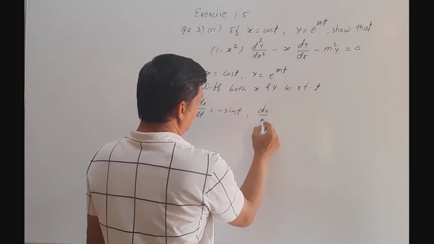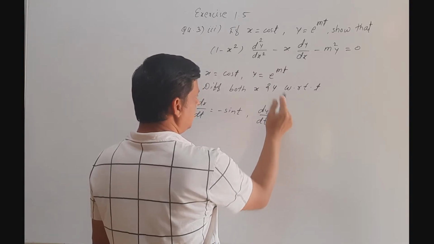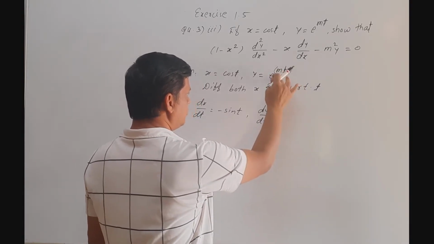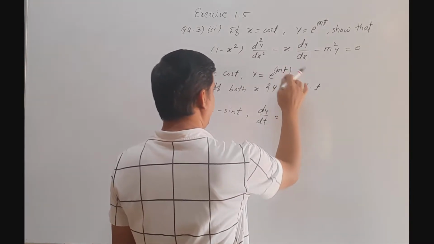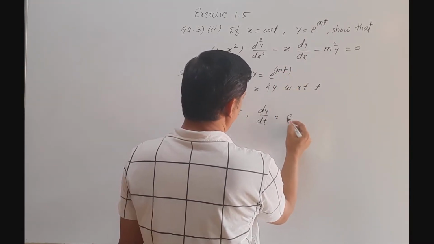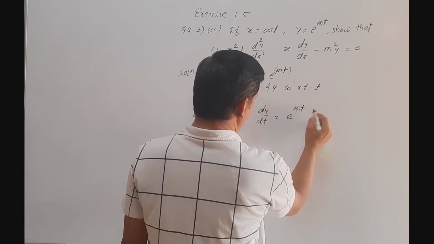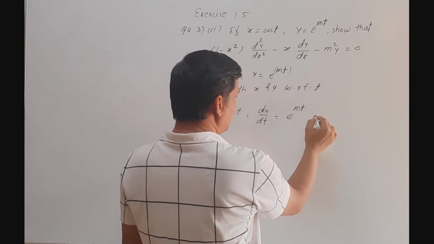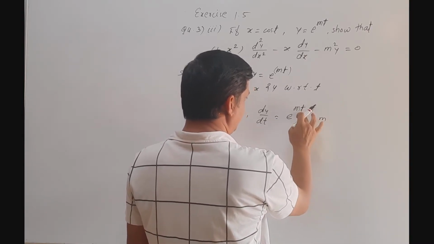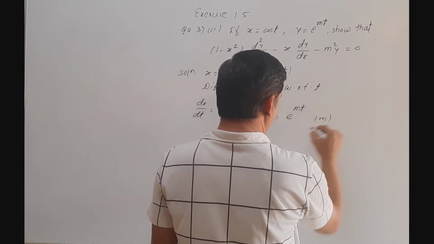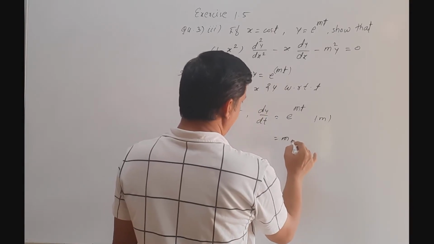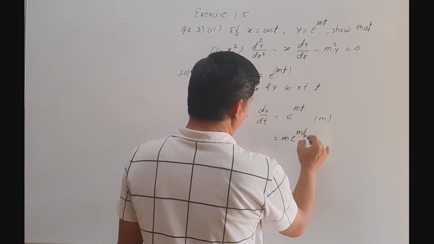Derivative of y, we write dy by dt. Here e raised to the power mt is a composite function. So we first find the derivative as a standard function. So write e raised to the power mt into derivative of mt as m, because derivative of t with respect to t is 1. So m into 1 we write m. So write m into e raised to the power mt.